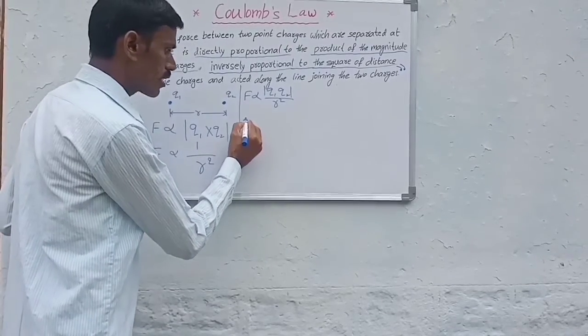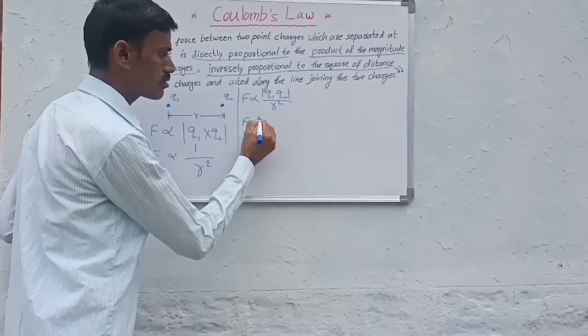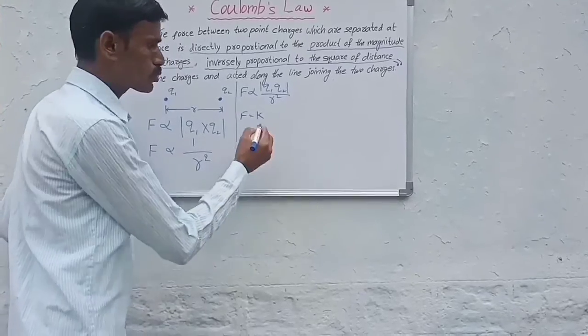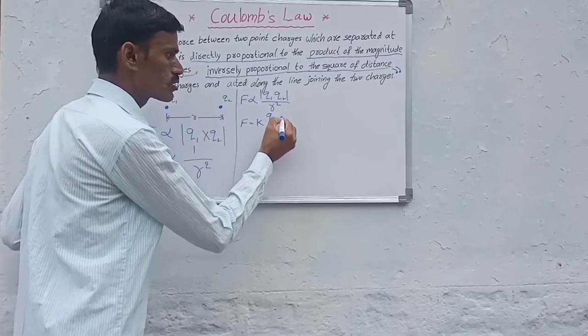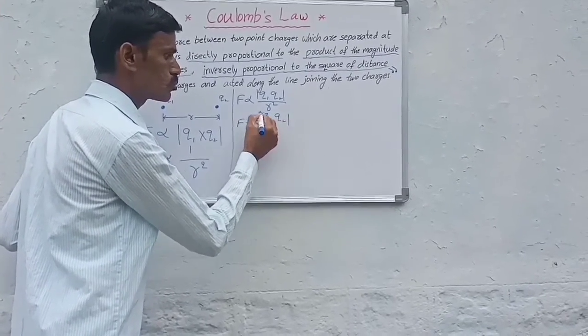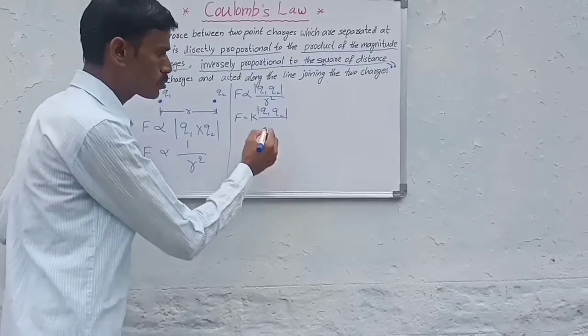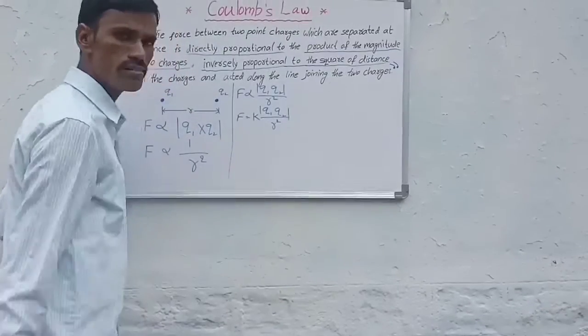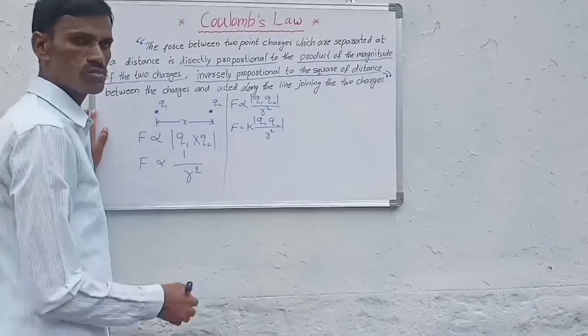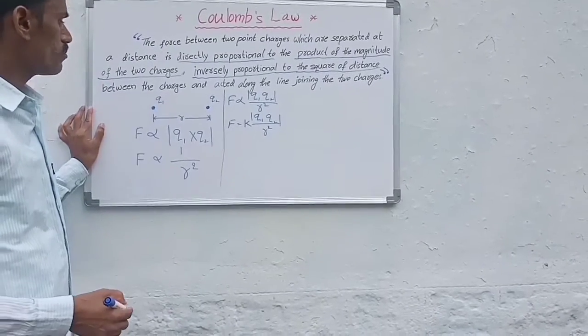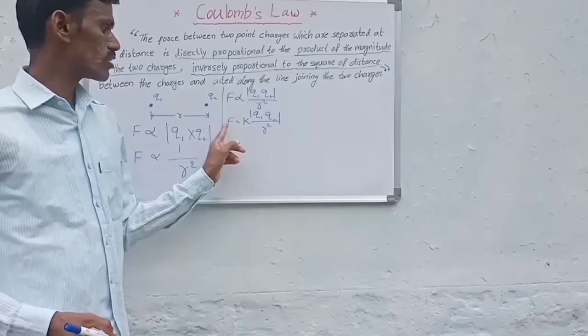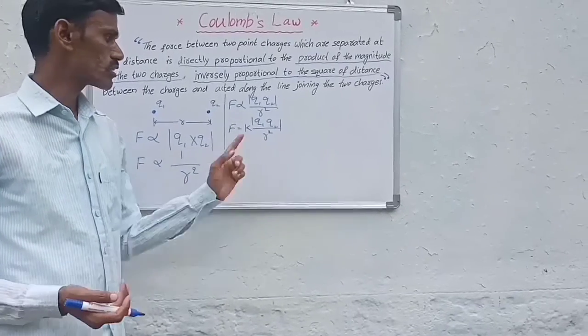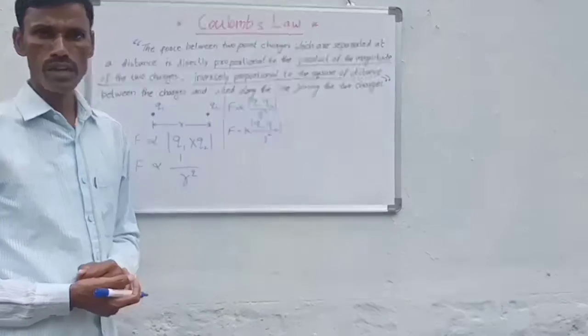So F is equal to K, the proportionality constant, into Q1 Q2, the magnitude of the product of the two charges, by R square, the square of the distance. So this is Coulomb's law: F is equal to K Q1 Q2 by R square.